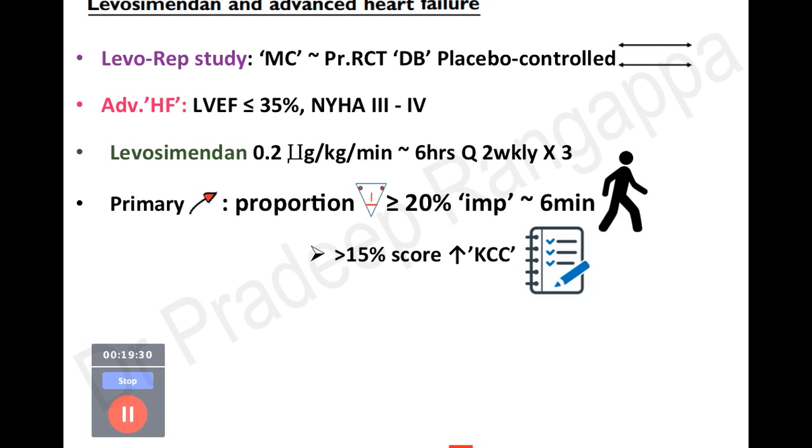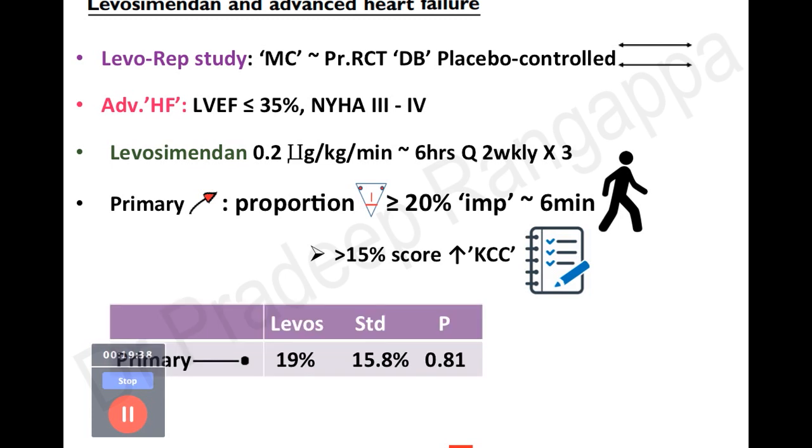So they followed a questionnaire to ascertain improvement in the symptoms, and they used a score called the Kansas City cardiomyopathy score. So the primary endpoint, the proportion of patients with more than 20% clinical improvement, as you see, was 19% in levosimendan as compared to 15% in standard, but that was not statistically significant in the Livor Rep study.